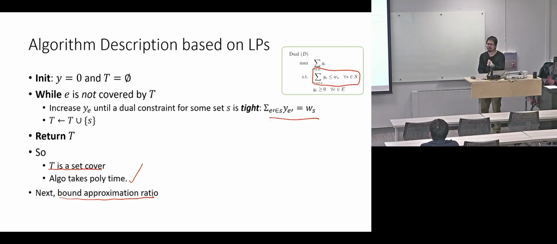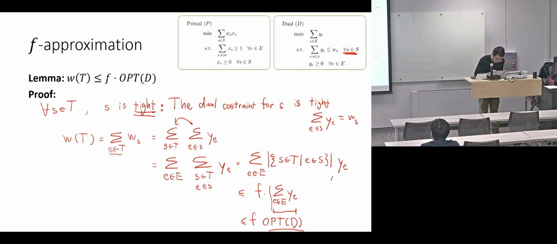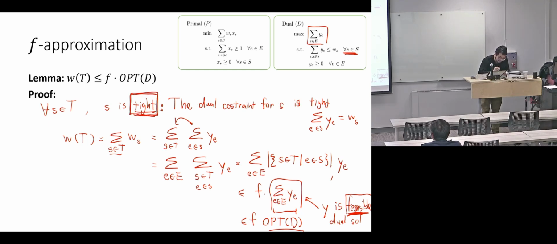Our y is some feasible dual solution, so it cannot exceed the optimal dual LP value. There are two important things here: that y is feasible, and next that S is tight.